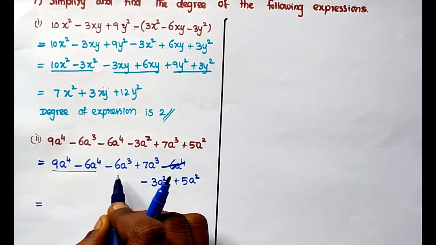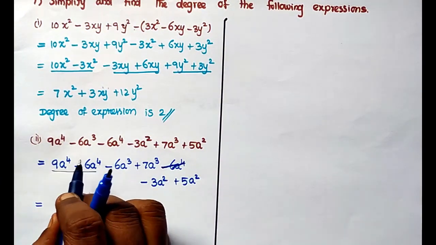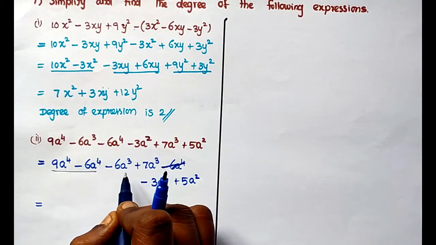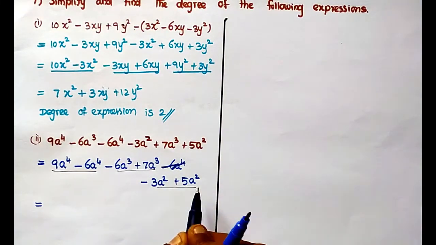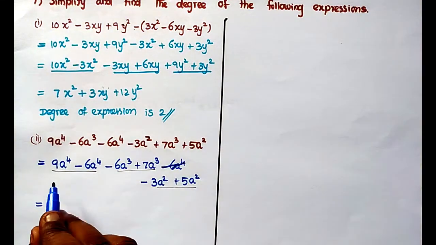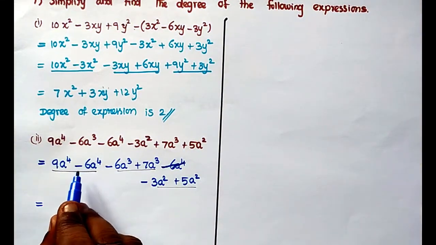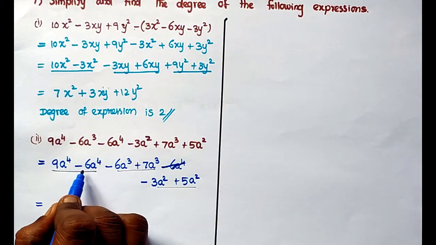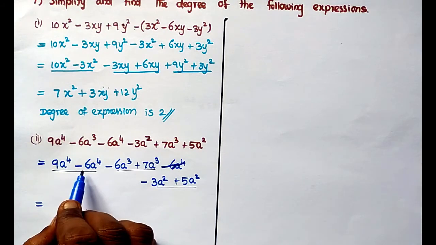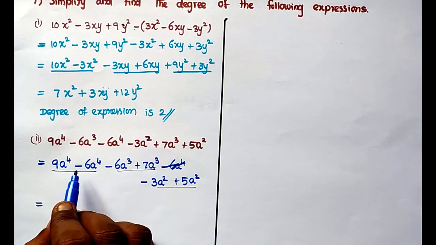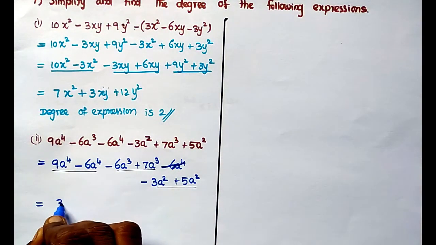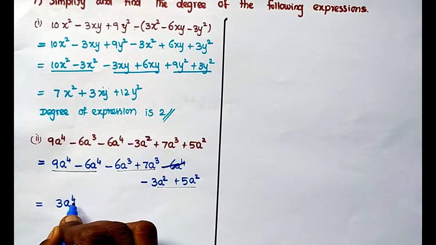First solve a power 4 terms and a power 3 terms and a squared terms. Listen, a power 4, plus 9 minus 6, different sign. So what is the difference? Plus 9 and minus 6, 3 is the difference. A power 4.